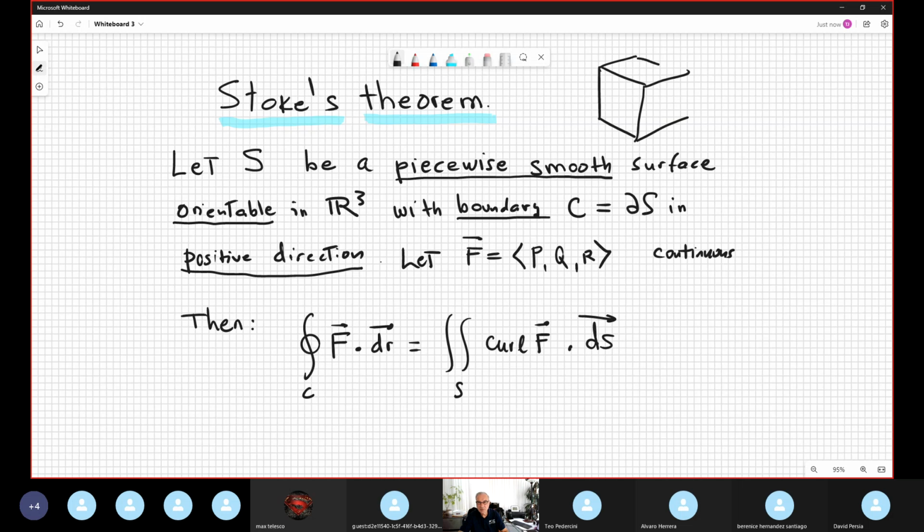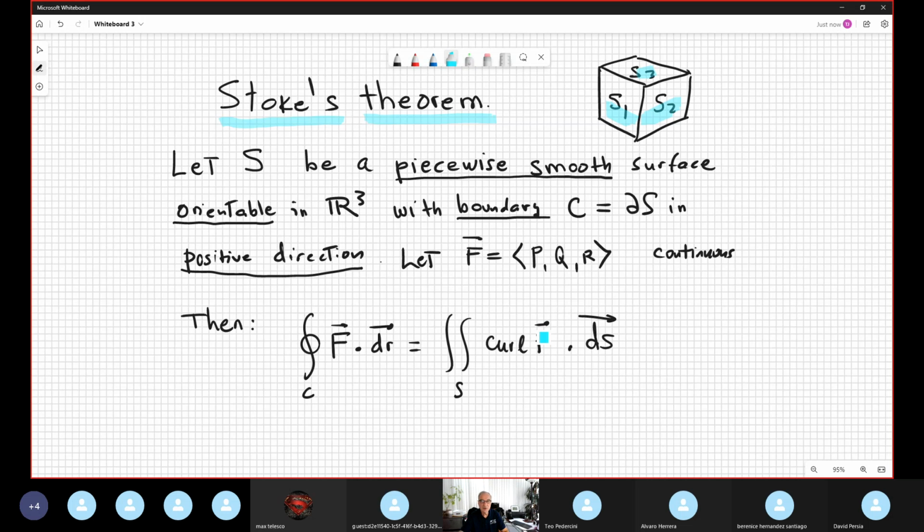A box is formed by different surfaces: face 1, face 2, face 3. So piecewise smooth means that one piece is smooth. It's smooth in that part, and it's smooth in that part, and it's smooth in that part. This is a piecewise smooth surface. Okay, it's differentiable in different intervals.